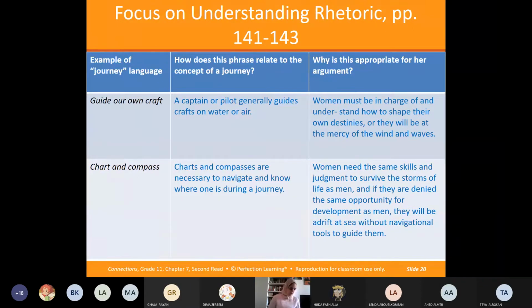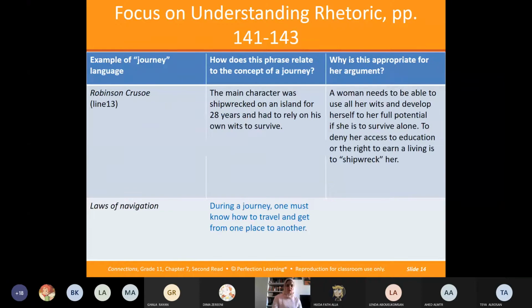You have the homework. You evaluate Stanton's rhetorical techniques, including her use of logic and analogy. Analogy is what we've said now. She compared here Robinson Crusoe's trip, shipwrecked, to the woman's need.